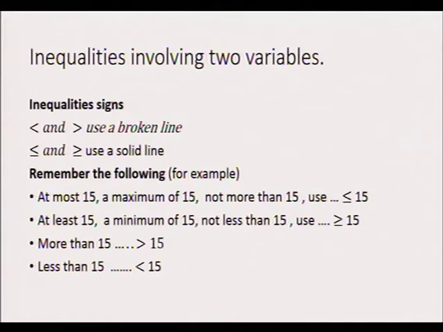Okay, and we have to remember those keywords. If you find at most, maximum, more than, not more than, we use this type of inequality. And then also at least, just the opposite, at least, a minimum of, not less than, we use that inequality.